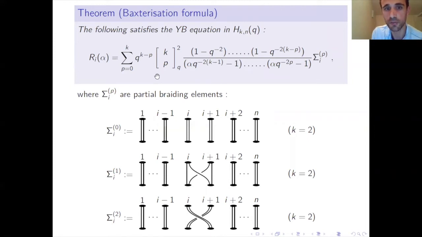So these are binomial coefficients made up of Q numbers. This is the power of Q. And these are Pochhammer symbols, quantum Pochhammer symbols. So in fact, a very nice formula, and these coefficients appear very nicely because we chose this partial braiding as generators.